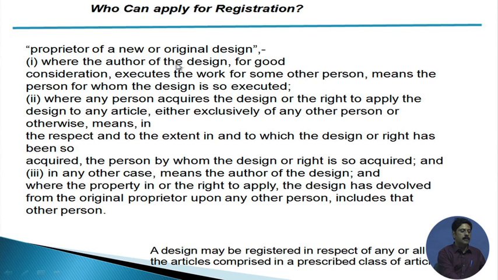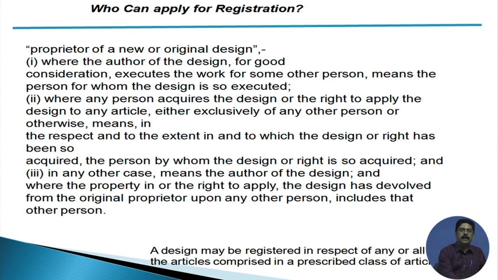Where the author of the design, for good consideration, executes the work for some other person, for whom the design is so executed, that person is the proprietor. For example, a lady gives a tailor cloth to stitch, along with a blueprint of the stitching, the color, and how it will be stitched. If the tailor stitches as per her direction, the lady will be the author and owner of that design.